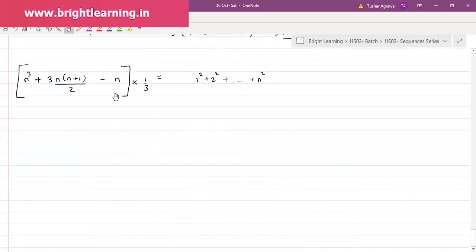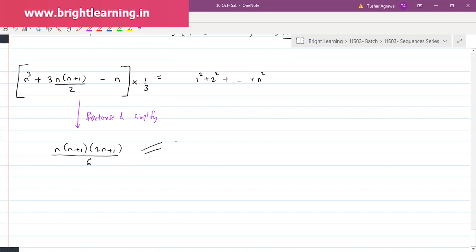On simplification, this turns out to be equal to, factorize and simplify yourself, n multiplied by n plus 1 into 2n plus 1 upon 6. The factorization and simplification, can I leave it to you? I think you can do it. That is just school algebra.